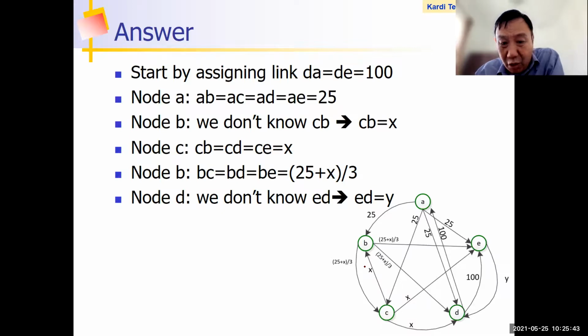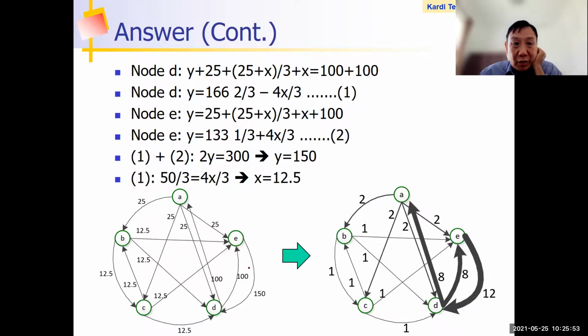But in node D, you still don't know ED. So then you assign it equal to Y. Then you calculate like this. So you basically solve an algebraic equation of two unknowns, X and Y. Once you calculate X and Y, then you can get everything.